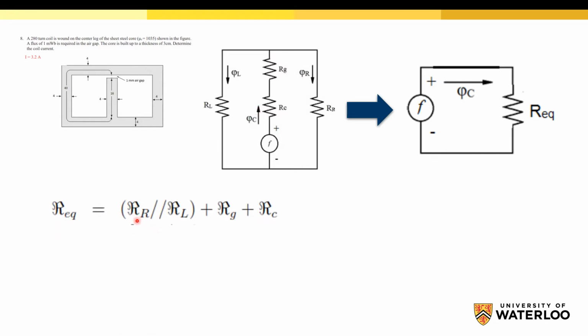So the right leg parallel with the left leg plus the air gap reluctance plus the center reluctance. After that, the magnetomotive force is equal to the flux times the equivalent reluctance. And we know this flux is given. So we can calculate the magnetomotive force and divide this magnetomotive force over the number of turns in order to calculate the current.